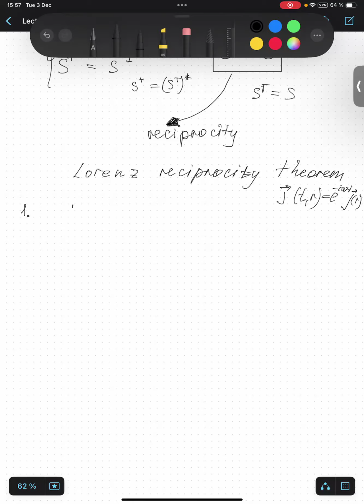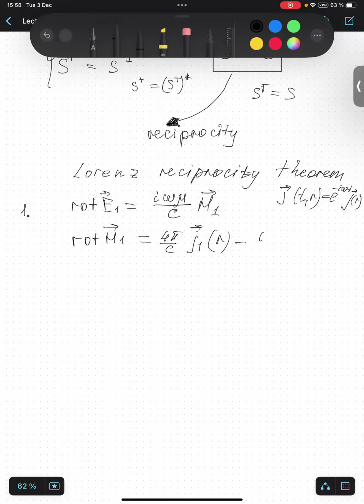For the first source, we have curl H1 equals 4π over c J1 minus iω ε over c E1, and curl E1 equals iω μ over c H1, for the magnetic field.